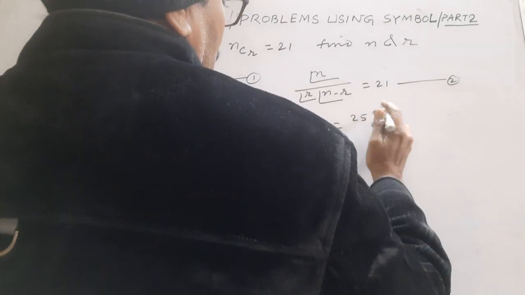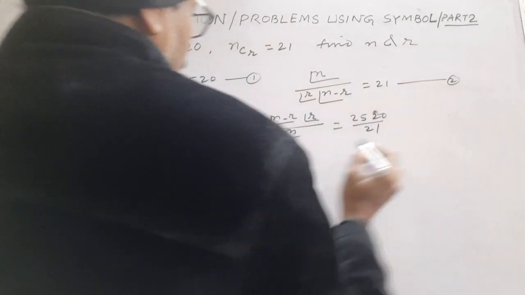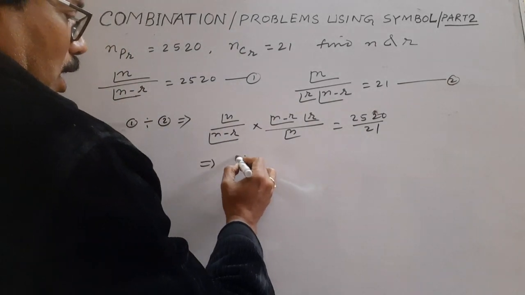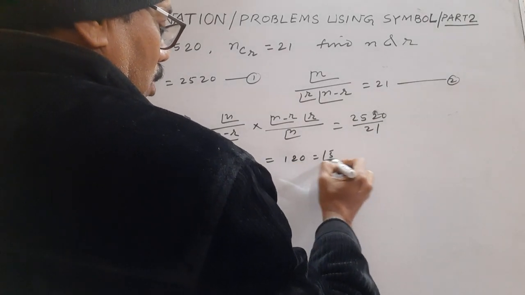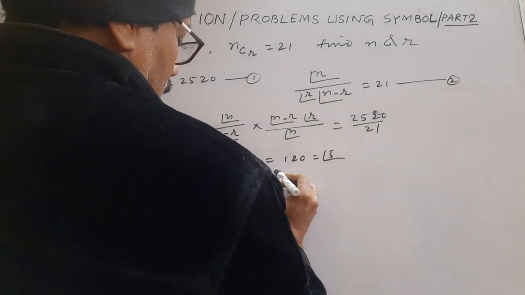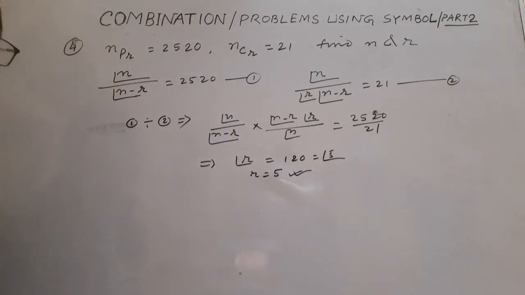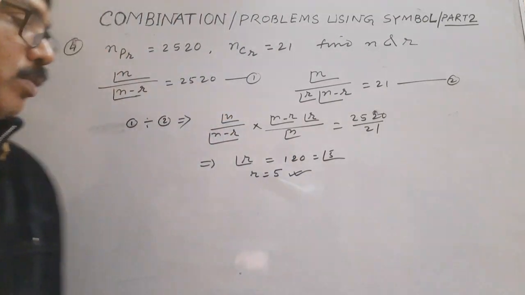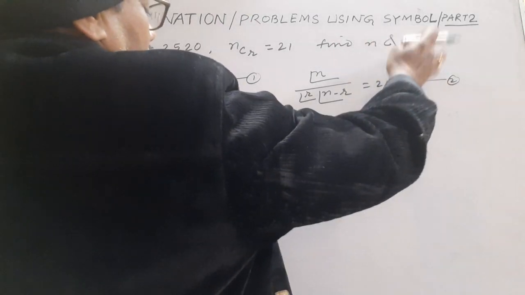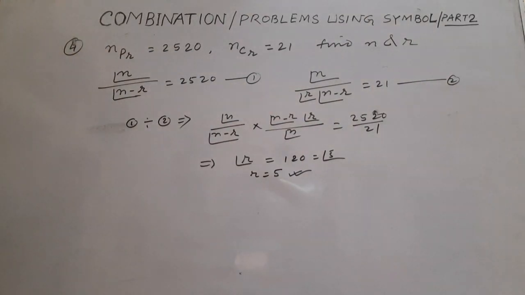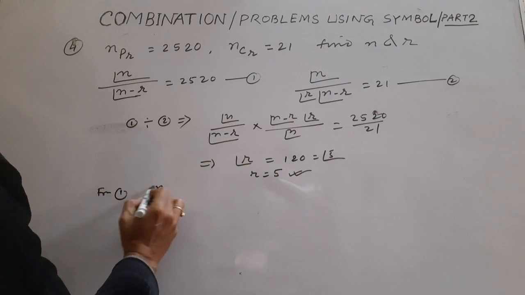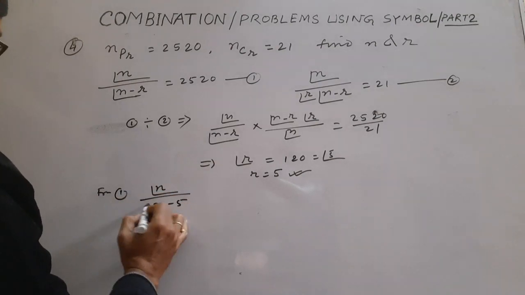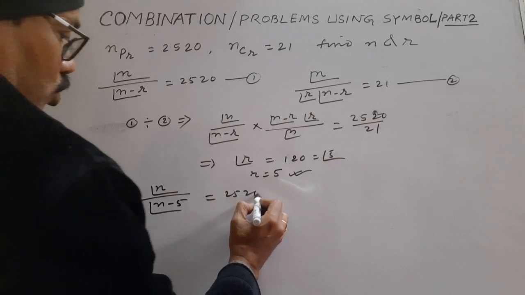2520 by 21. So this implies factorial r equals 120. So this is factorial 5. So what is r? r equals 5. So we are getting r. So now putting the value of r in 1. So from 1, factorial n by factorial n minus 5 equals 2520.